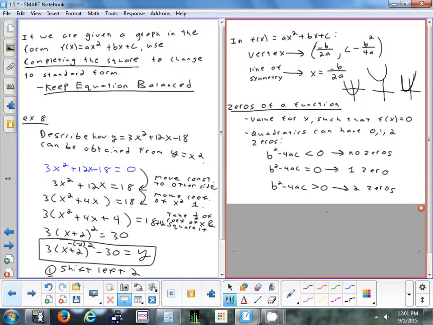And in the quadratic formula, you can't take the square root of a negative. If b squared minus 4ac comes out to exactly 0, you get one root. And if b squared minus 4ac comes out positive, you could get two solutions. So now if I give you an equation in that form, you can tell me how many times it's going to cross the x-axis just by plugging into this formula. You don't even need to sketch it.